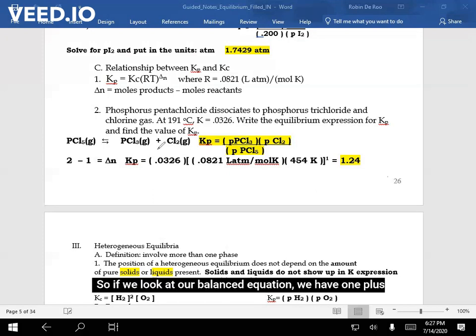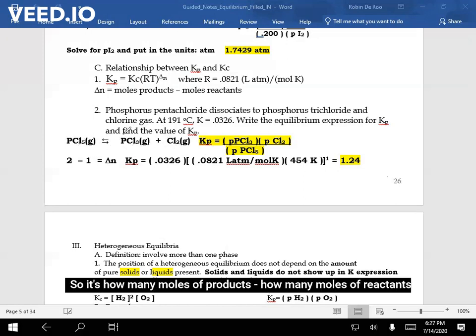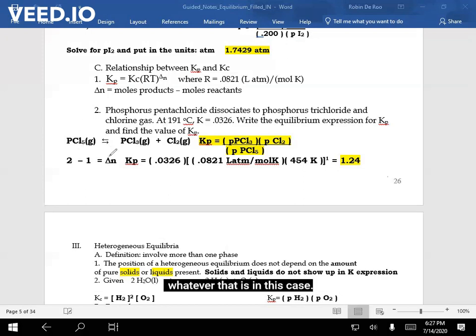So if we look at our balanced equation, we have 1 plus 1, that's what gives us our 2. And we only have one of these, so that gives us our 1. So it's how many moles of products minus how many moles of reactants, whatever that is. In this case, 2 minus 1 is 1.